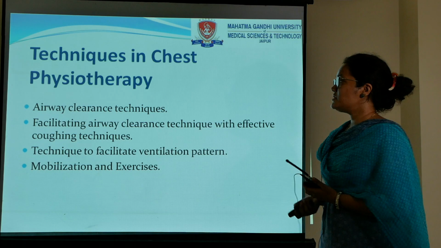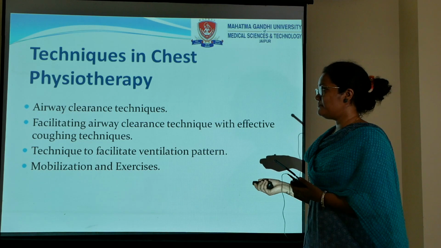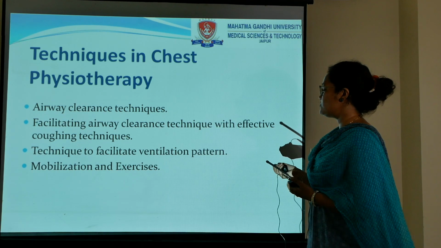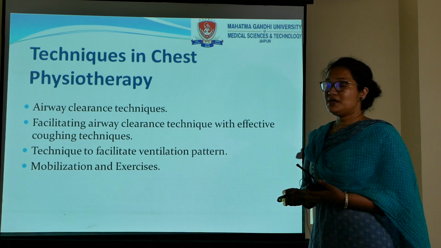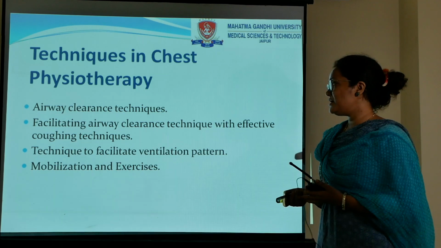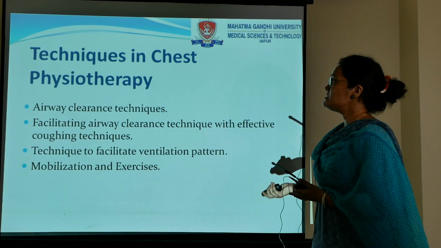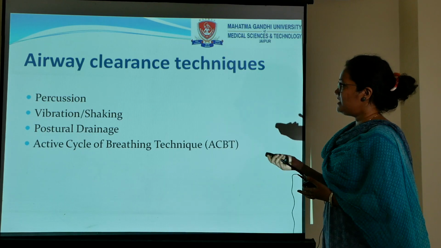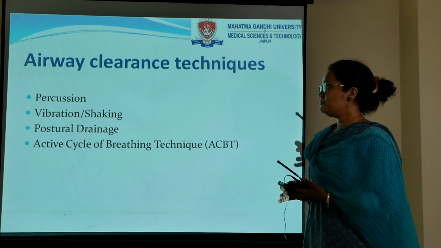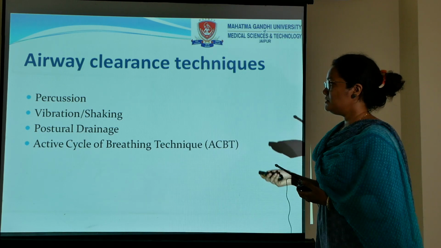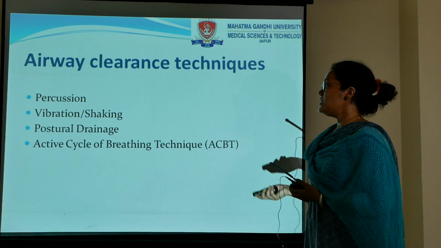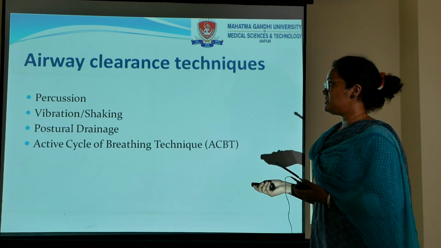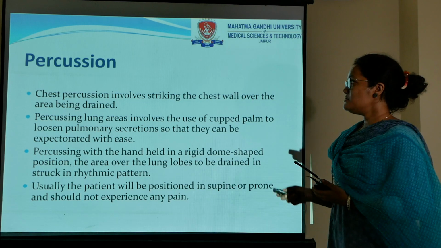So the techniques of chest physiotherapy basically include airway clearance techniques, with effective coughing techniques, and techniques to facilitate ventilation patterns or to mobilize secretions. These airway clearance techniques include percussion, vibration or shaking, postural drainage, and the active cycle of breathing technique, that is ACBT. So what is percussion?